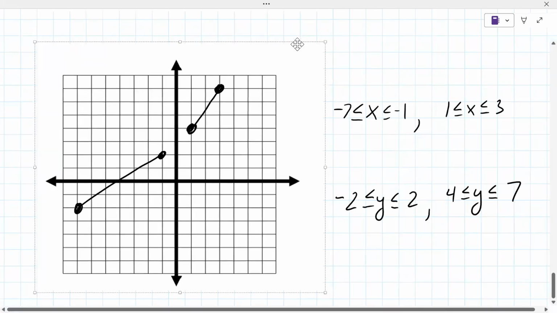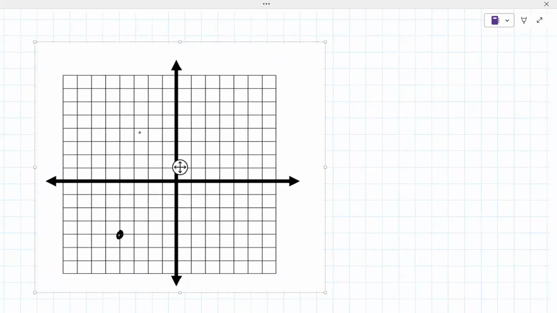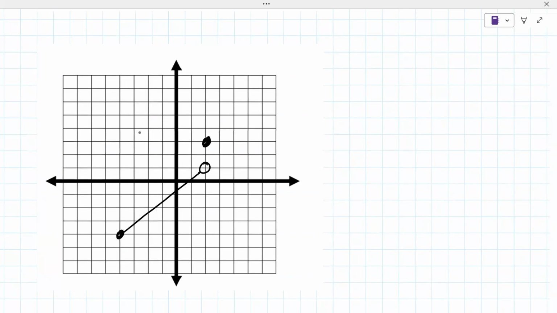So let's look at another graph here. So let's say you're starting here and you go to there, and then you go here and you come back down here. All right. So let's first start with the domain. Okay. So the domain is -4 less than or equal to x less than 2. Do you see how I came up with that for this first piece?